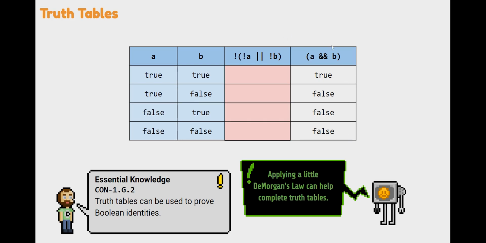Since these are equivalent Boolean expressions, the answers that I got in this column will be the same answers that I would get for this column. And so now I filled out this column of the truth table without having to evaluate this statement at all. This aligns with our essential knowledge. Truth tables can be used to prove Boolean identities.